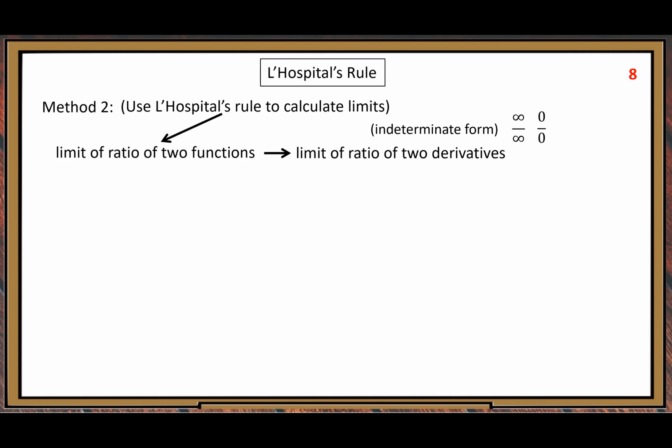In math there are actually a few more indeterminate forms, for example 1 to the infinity, infinity to the zero, and infinity times 0, which could be anything.